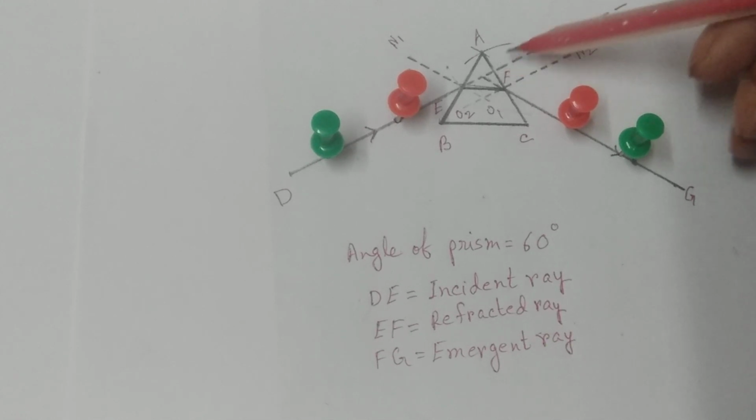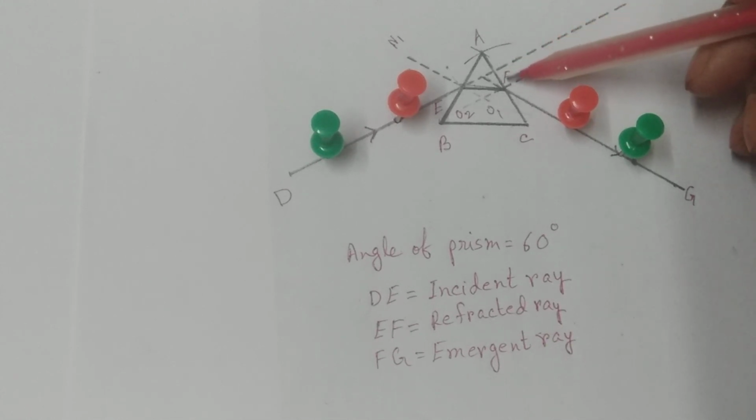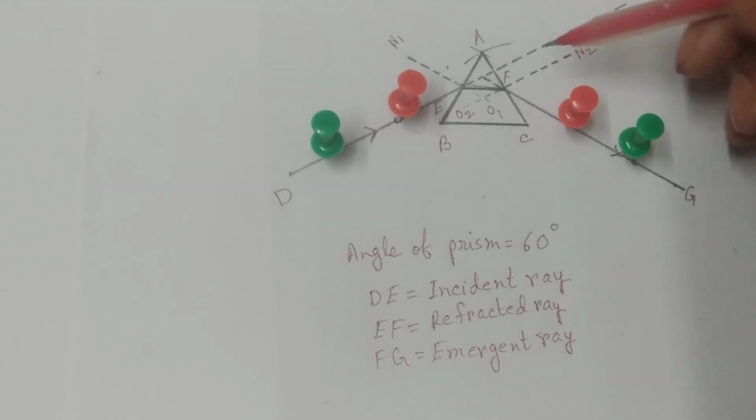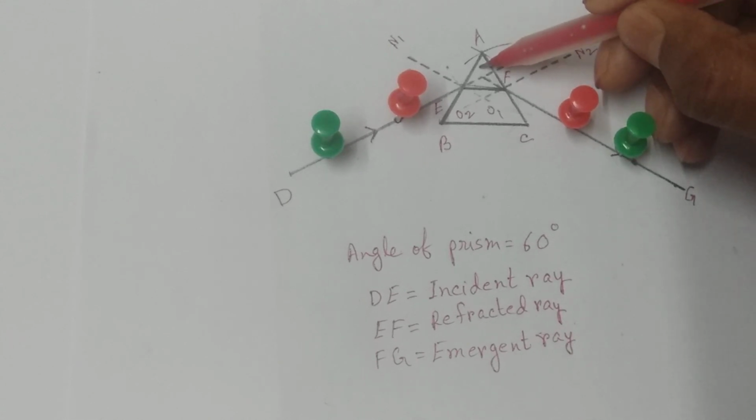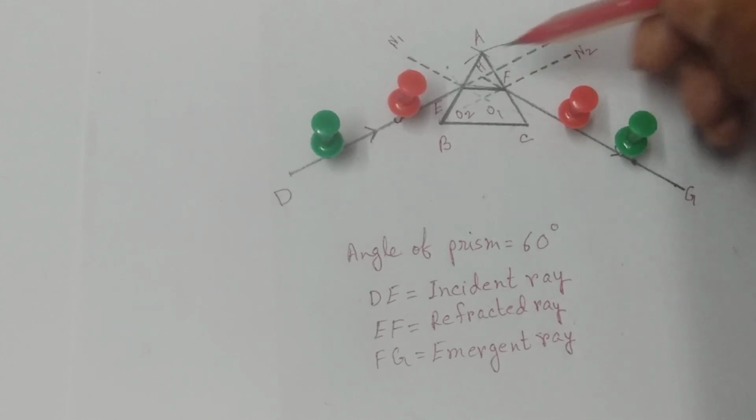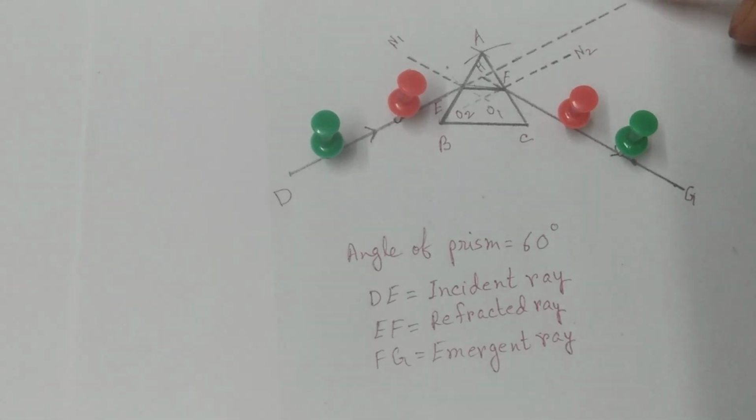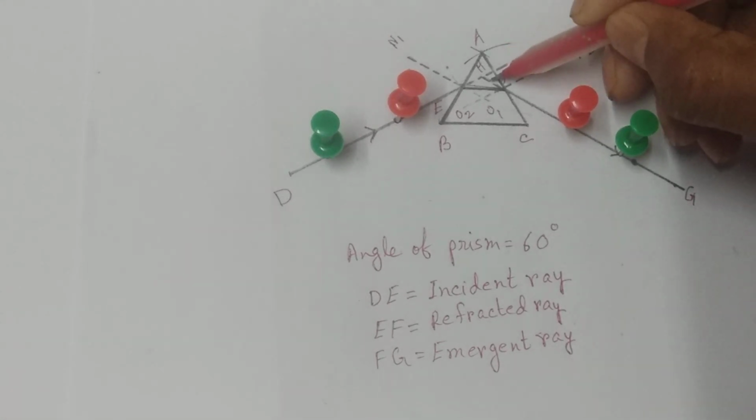And we find the angle of deviation, this angle, at F. If we name it, suppose H, this angle GHI is the angle of deviation. We will find this angle.